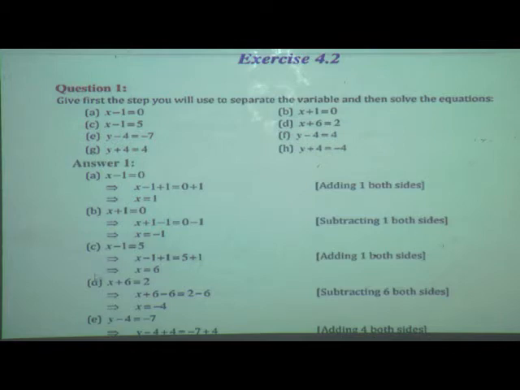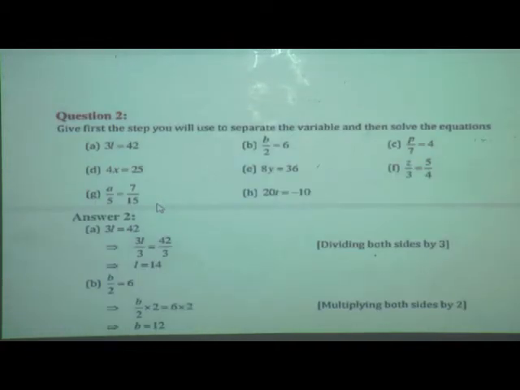So this is the first question. We have done different examples, adding 1 on both sides, 4 on both sides, subtracting. So we have done many examples, so your doubts are solved here. We will go for the next question.